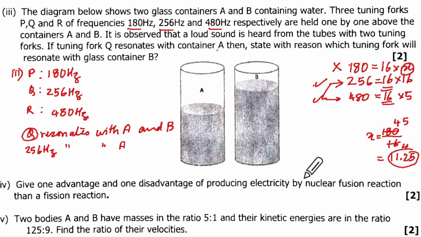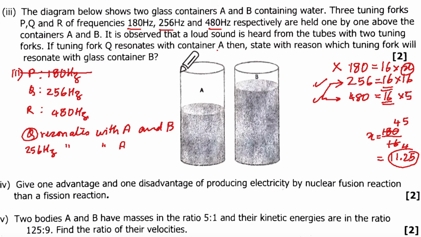These two are. So when I looked at this, I said this is 16 into something, 16 into something, this is 16 into a fraction. So P is not going to be a multiple. Understanding? So Q resonates with A.